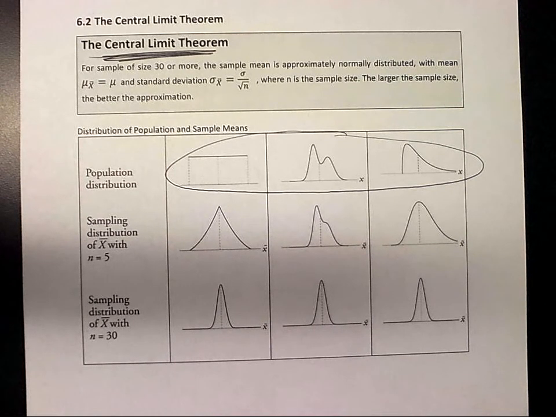To the point where once we reach a certain sample size, our distribution is extremely close to a normal distribution. We're just off by tiny little decimal places.